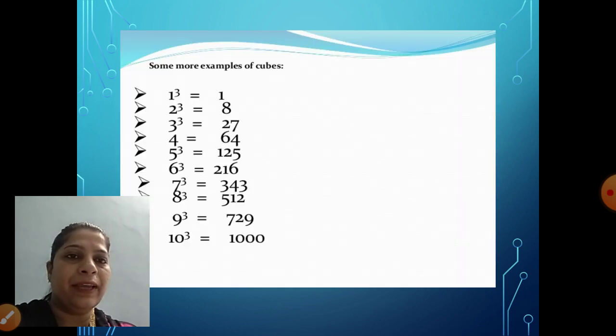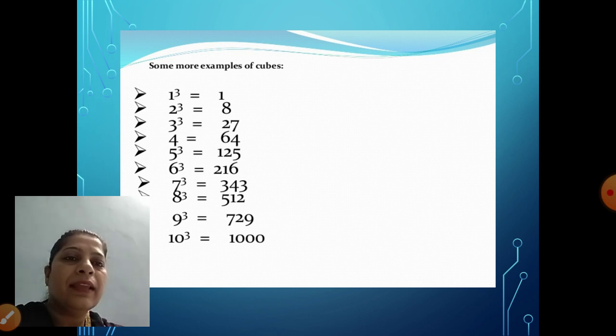Look here. Cube of 1 ends with 1. Cube of 4 is 64, it means the unit place is again 4. Cube of 5 ends with 5, it means the unit place is 5. And cube of 6, when you see, is 216, that is 6 at the unit place.